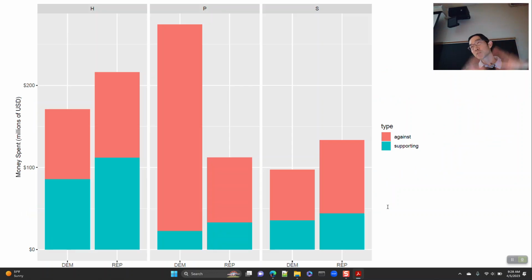Let's further split that up based on whether it was a House race, presidential race, or Senate race, okay? And so this is this political stuff. But whatever data set you decide to look at, there's probably interesting little subgroups to explore.